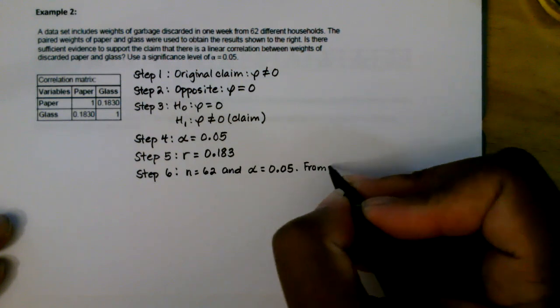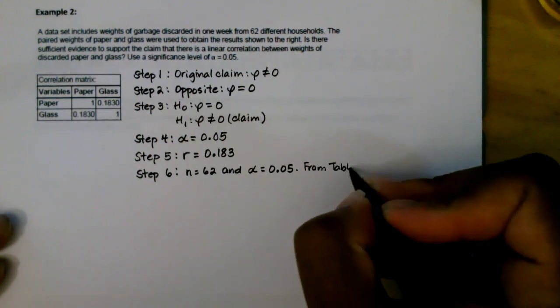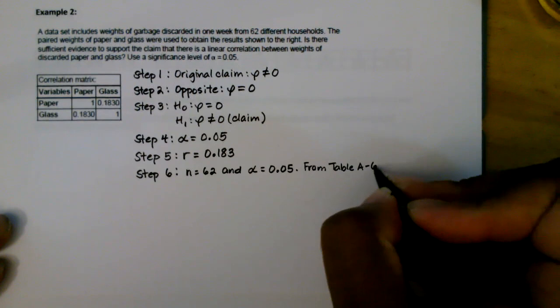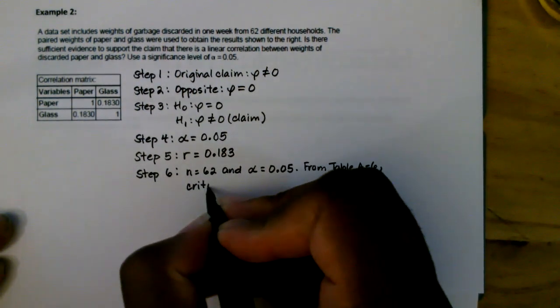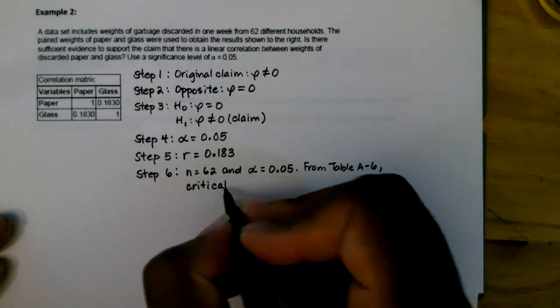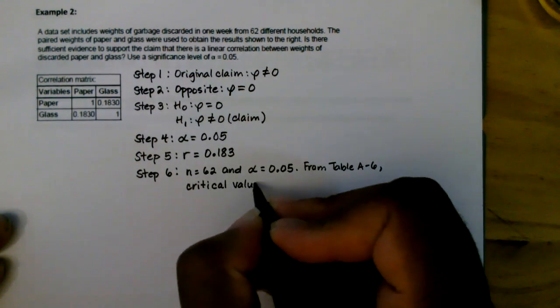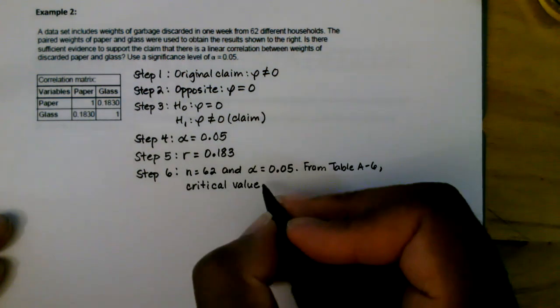So here I'm going to use table A-6 to find out what my critical value is.